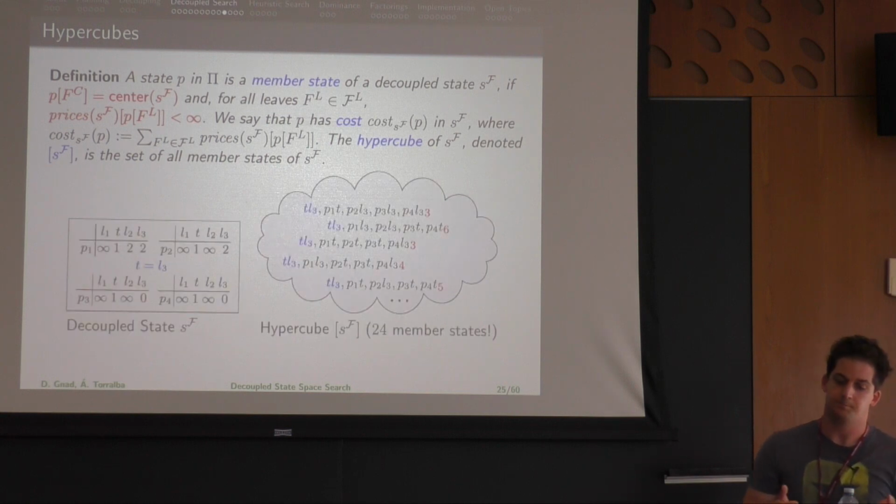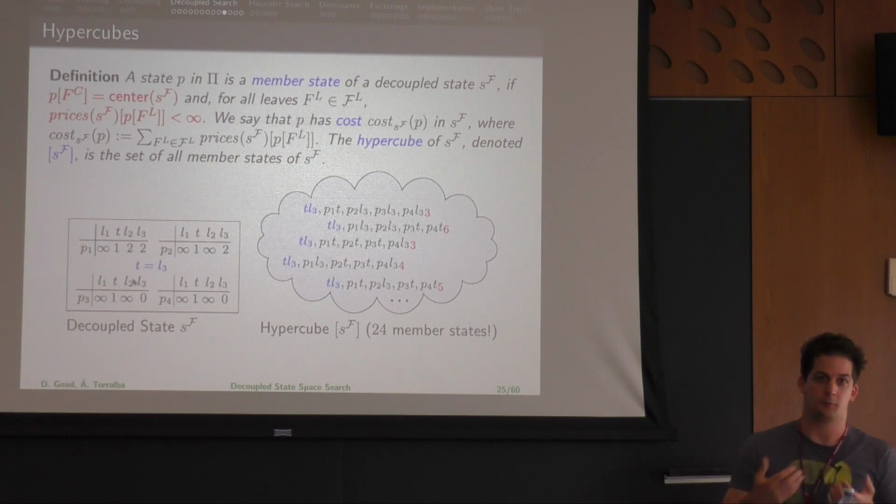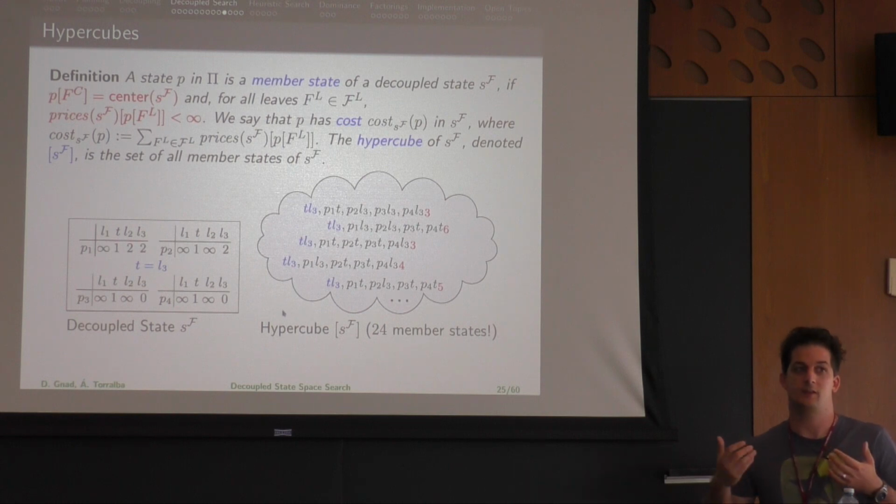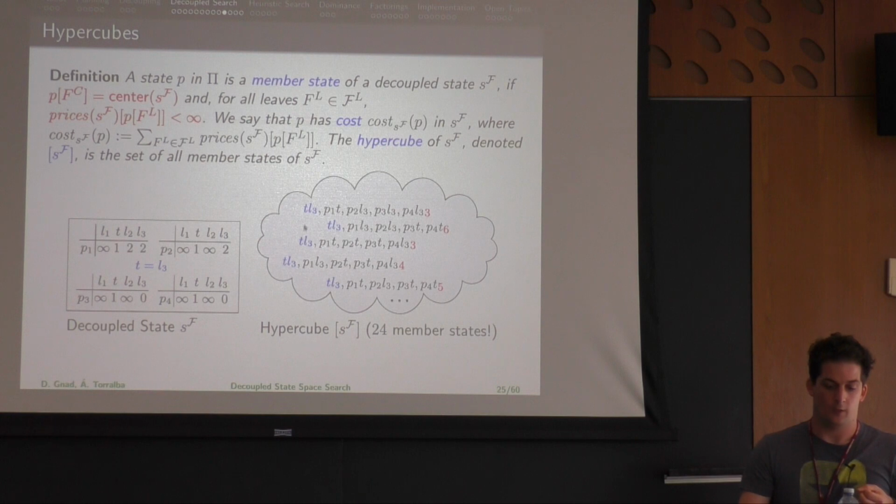So, one example. Basically, this is like the notation as before. We have different prices for all the leaves, and we have a single assignment to the center. And now the hypercube of this decoupled state actually contains 24 member states. These are all explicit states.